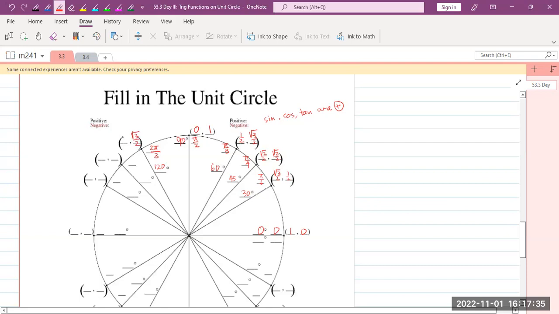Now the x must be negative. It is the same x here, but because it is in quadrant 2, it must have the negative sign. The y is the same though. It's the same height, the same y component.